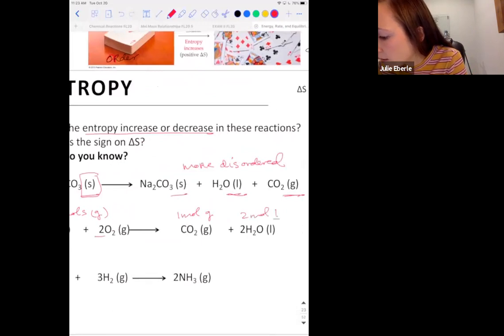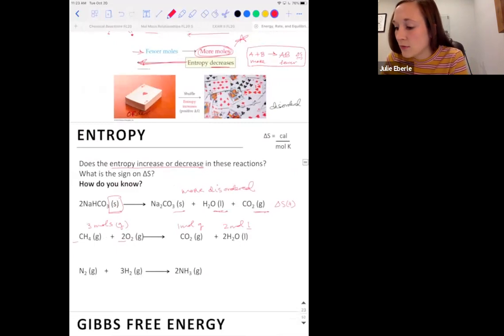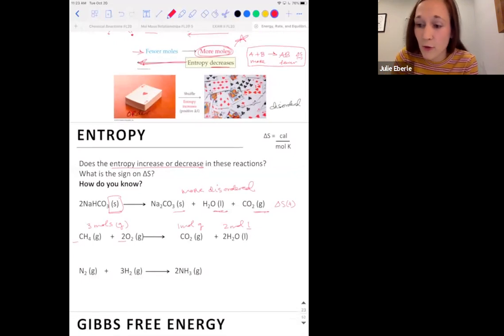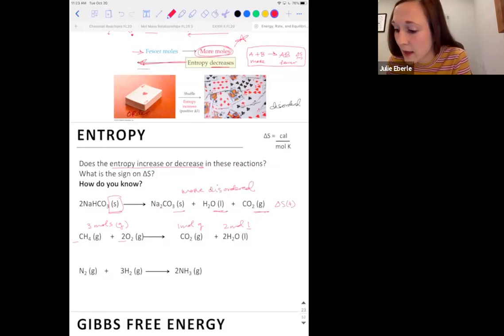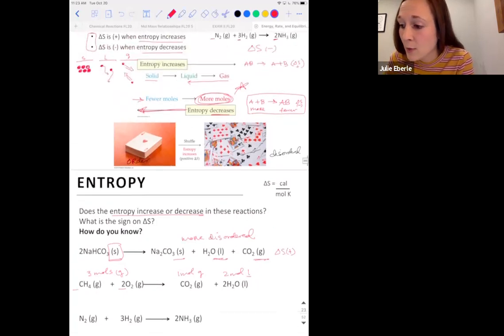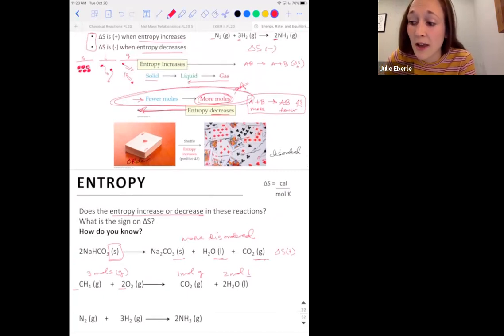Okay, so liquid is less disordered. It's more ordered. So we're going from 3 moles of gas down to 1 mole of gas, and we're making 2 moles of a liquid. We have 2 reactants, 2 products. So it's not that we have 3 moles of stuff on either side, and it's not that we're changing direction here, fewer moles and more moles. It's just that we have everything as a gas on the reactant side, but not everything is a gas on the product side.